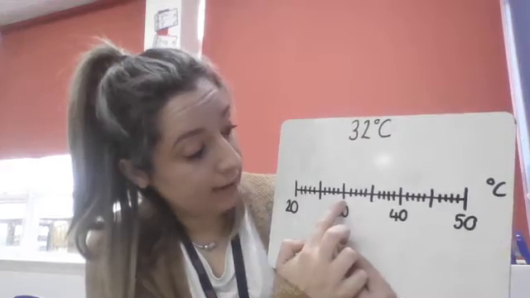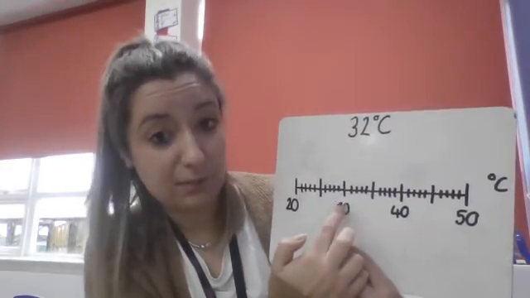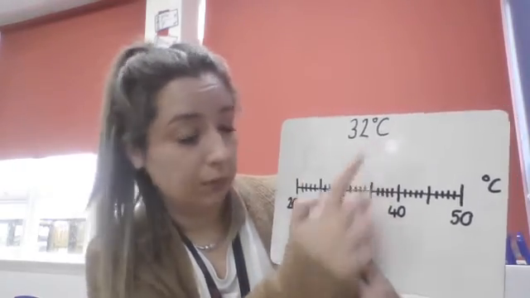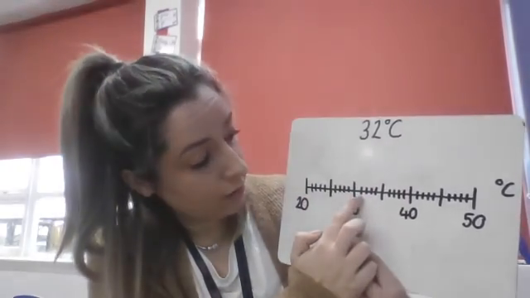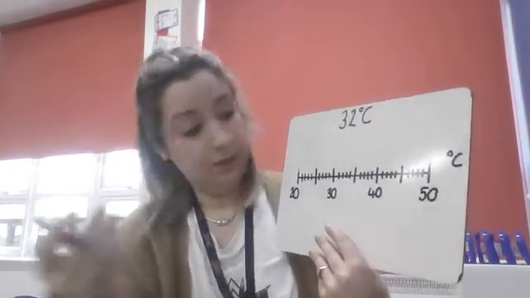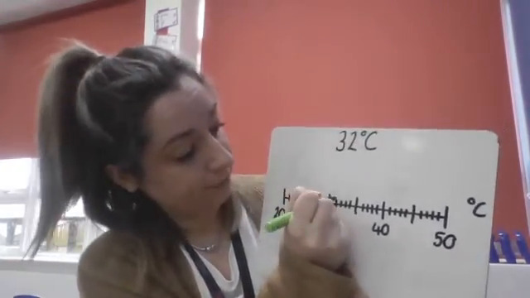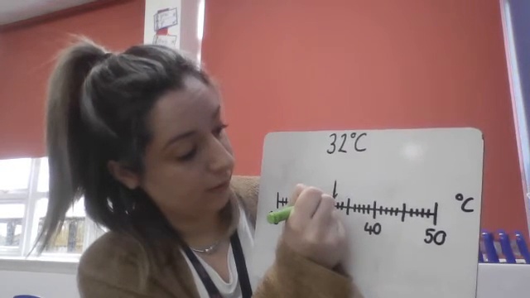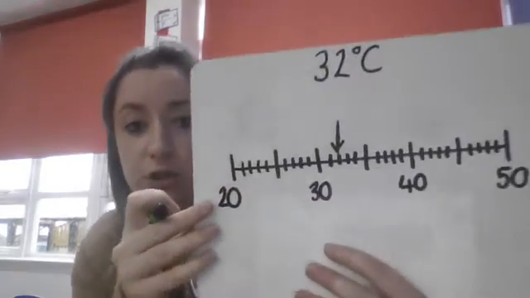So I've got 30. I'm going to start here because I know that's my range because I'm in the 30s, but I need to get to 32. So I'm going to go 31, 32. And to represent that in your book, you can draw an arrow pointing directly to that integer. And make sure it's pointing to the right one.